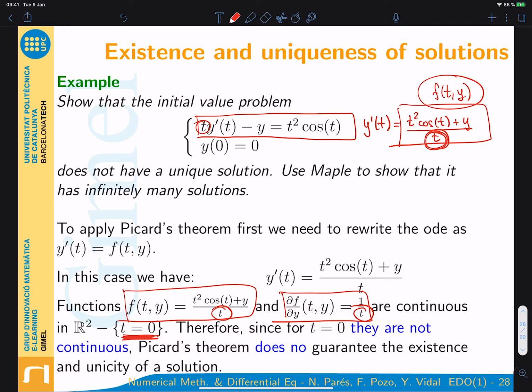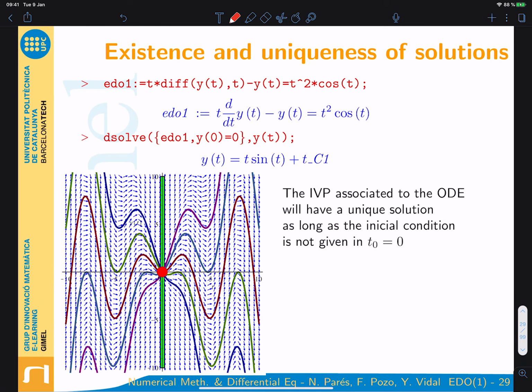So therefore, since for t equals 0 they are not continuous, Picard's theorem does not guarantee anything about the existence and uniqueness of the solution. If the initial condition was given at a point different from 0 here, then we could guarantee the existence and uniqueness because Picard's theorem could be applied.